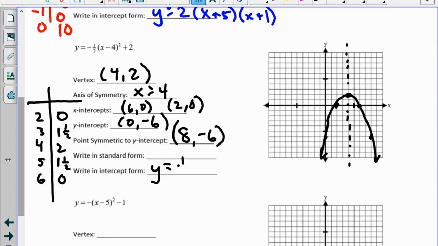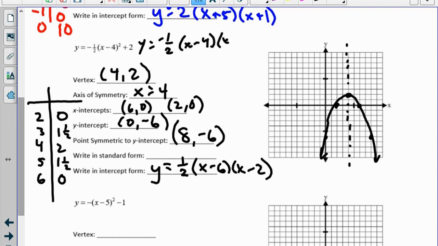Intercept form, we get pretty easy. So y equals 1/2 x minus 6 times x minus 2. Then my standard form I have to distribute, so -1/2 times x minus 4 times x minus 4 plus 2.